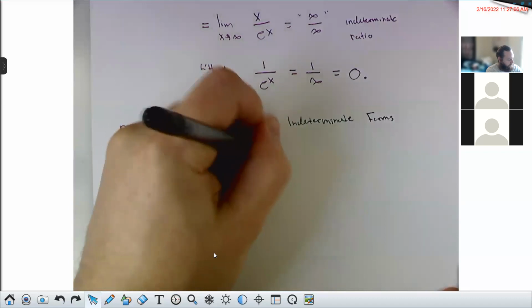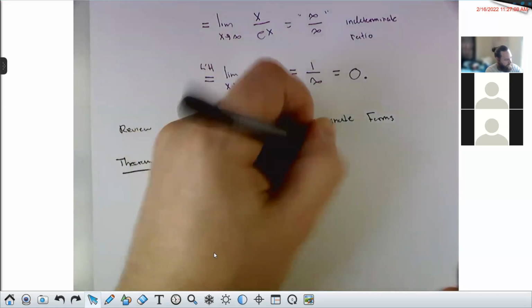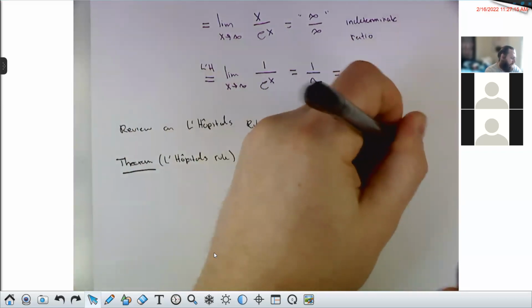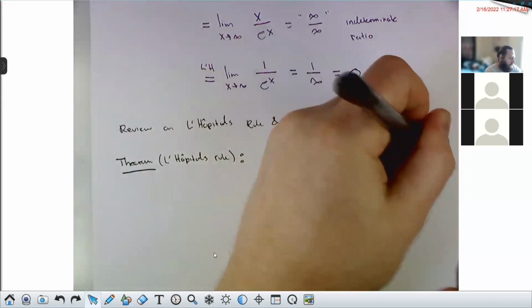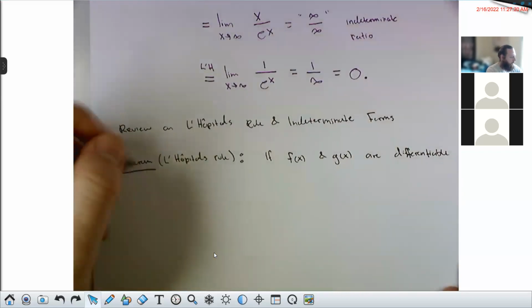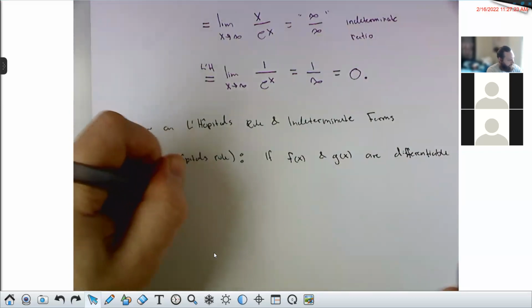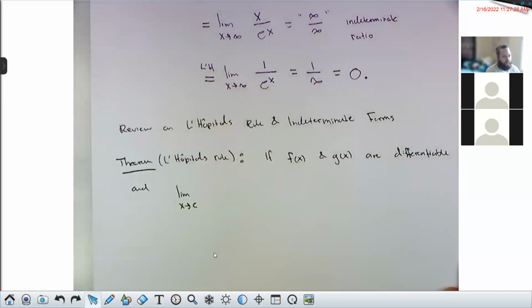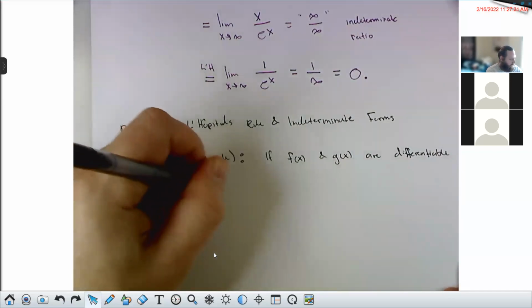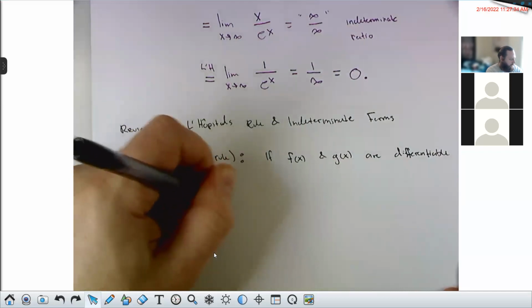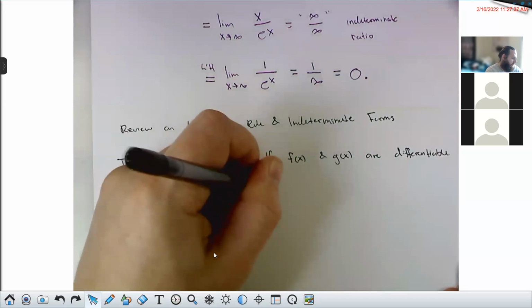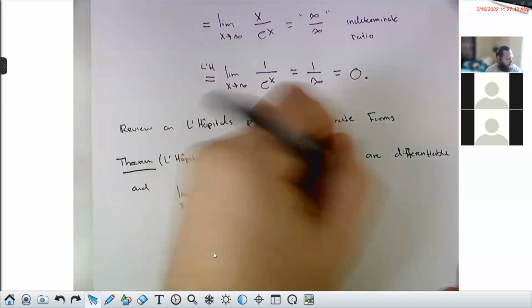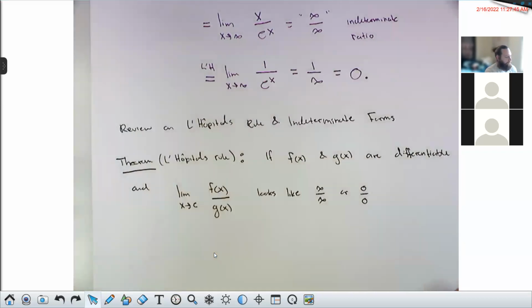What it says is if f of x and g of x are differentiable, and the limit as x goes to somewhere, let me just call it c, of f of x over g of x looks like infinity over infinity or 0 over 0, right?